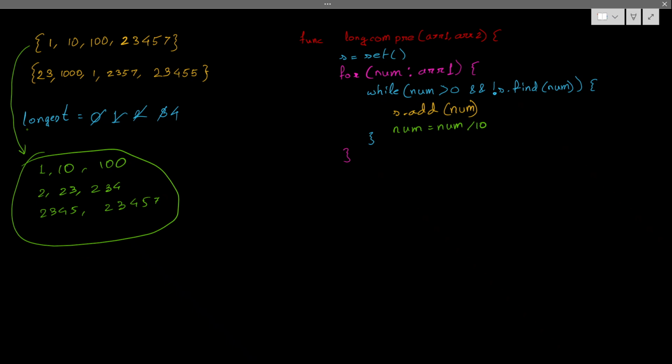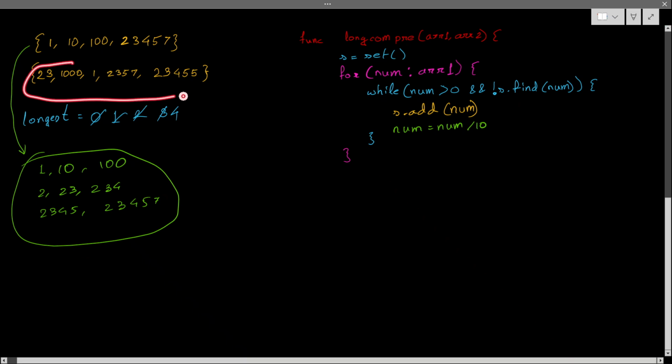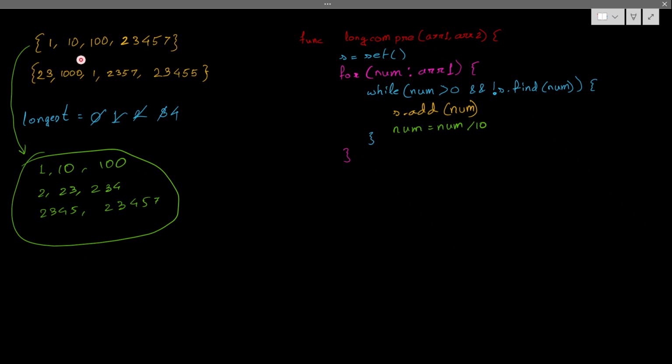Correct. Now, what is the secondary thing we have to do? Now we have to find the maximum common prefix. How could we find it? The entire number can be the common prefix, right? 23 is a common prefix, right? So you can iterate from the entire number and check whether it is a common prefix or not.